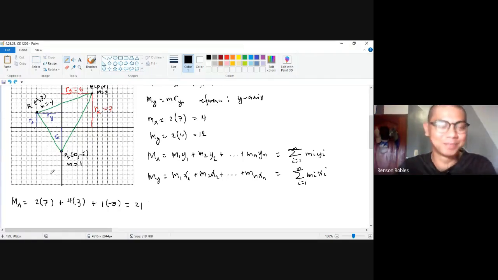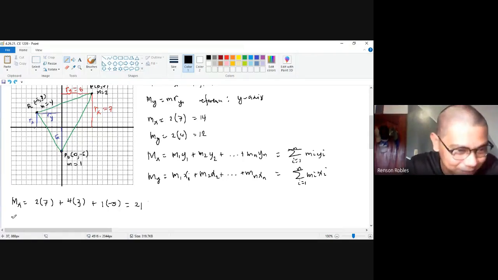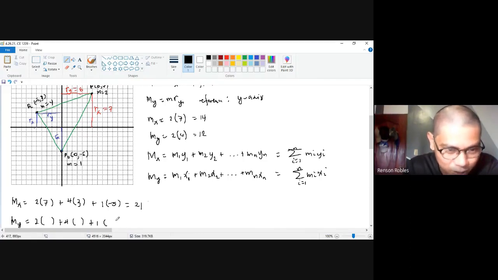That's 21. Okay, then moment in y. So, ganun ulit. You just write the masses plus 1. Actually, this is what I'm doing every time I'm resolving for the moments. Then, saka ko nilalagay yung components sa loob. So, moment in y, we are using the x components. You just tell me what to write here.